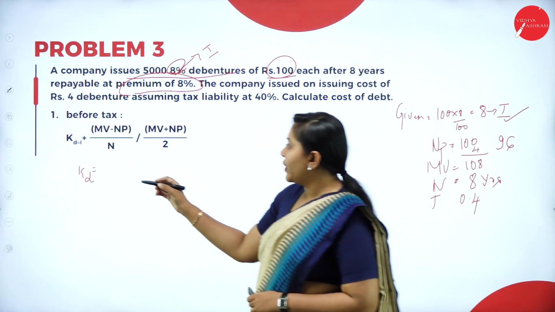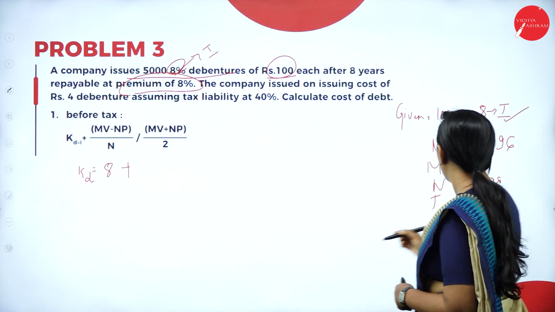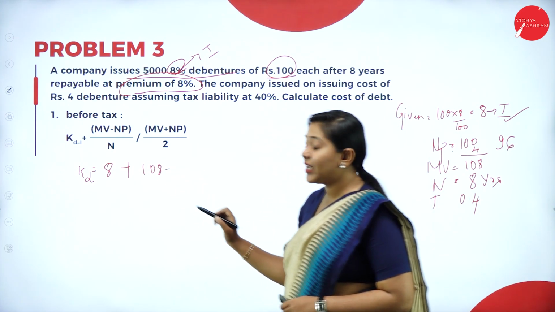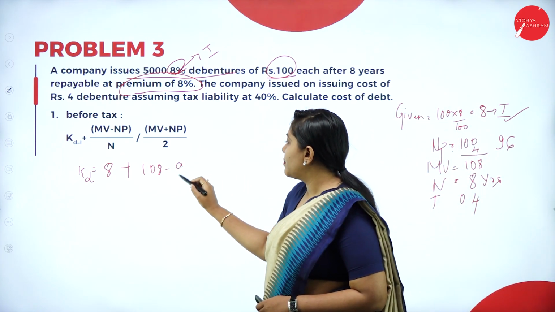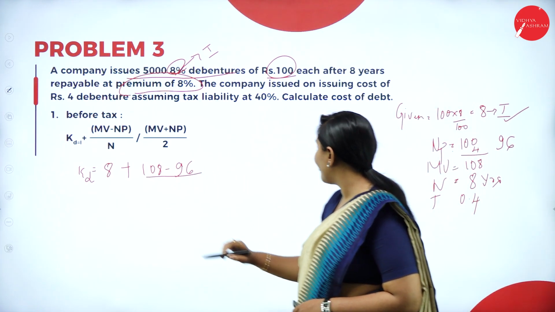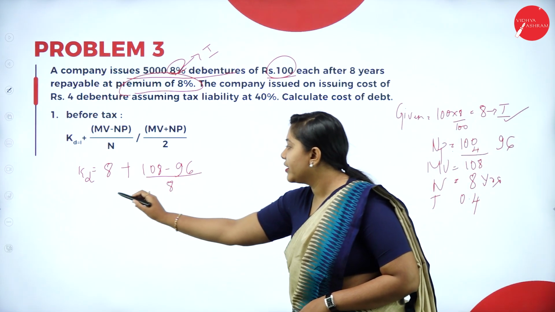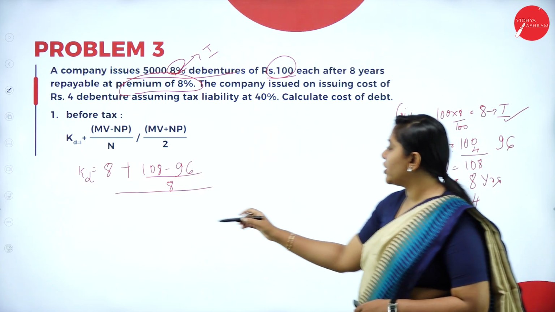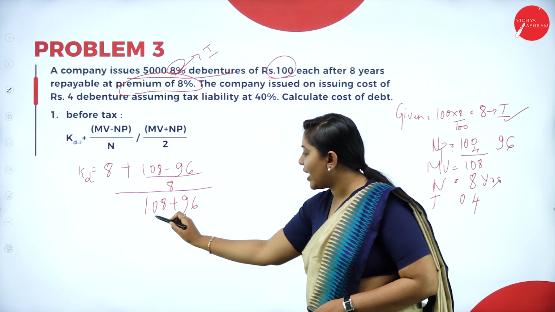Interest is 8 rupees plus maturity value, 108 rupees, minus net proceeds, 96. Number of years is 8, whole divided by maturity value 108 rupees plus 96 divided by 2.